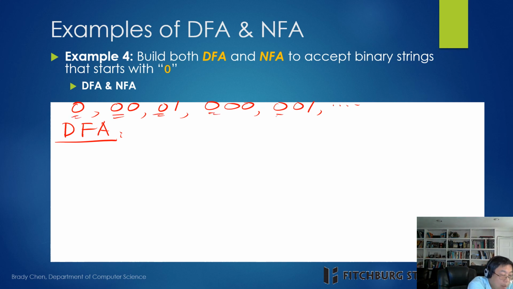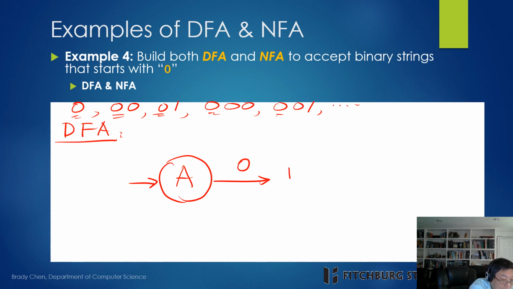Okay. Now for the DFA, let's start with A. Now, if the input value is 0, that means this is a string that we're going to accept, right? Because we actually start with the input 0.